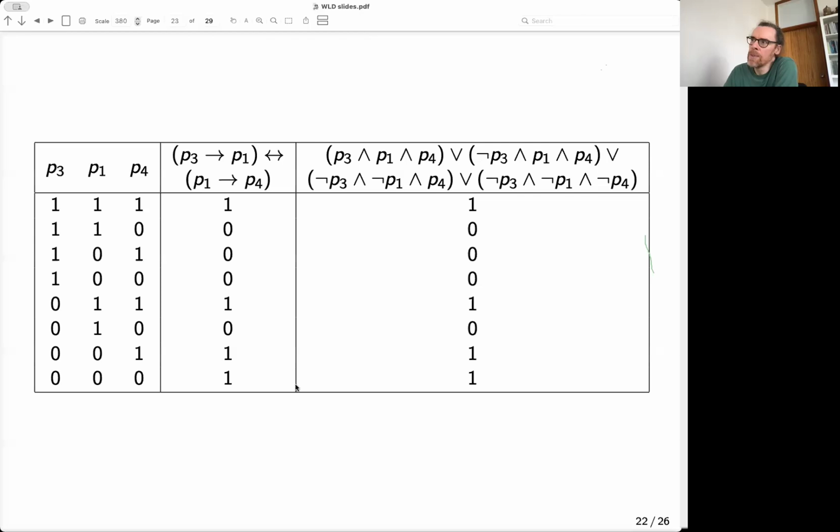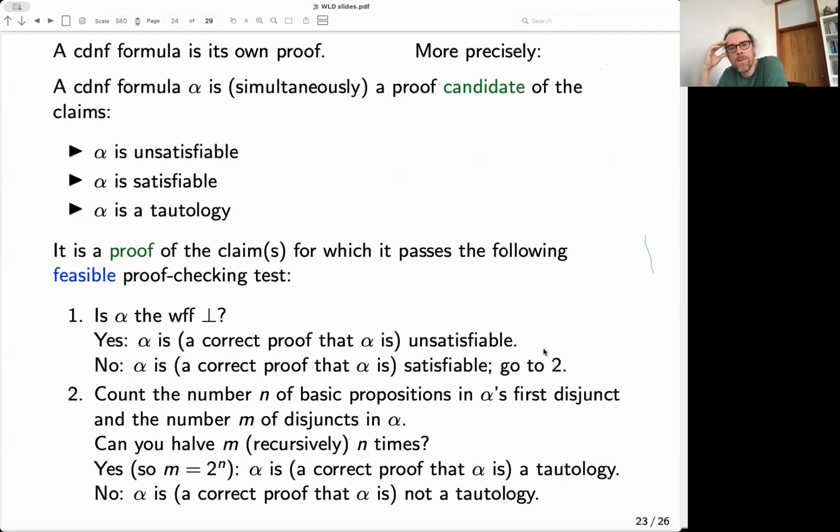So if we go back to the previous slide, for this example here, n is 3, because there's 3 basic propositions in the first disjunct, and m is 4, because there's 4 disjuncts. So you count those 2 numbers.